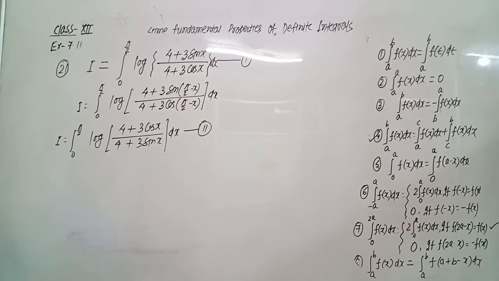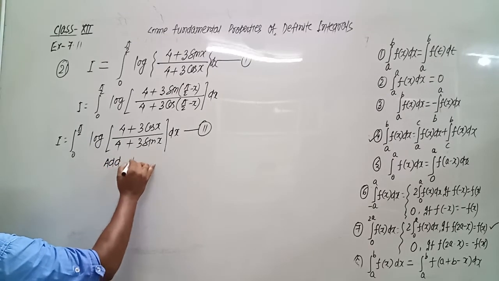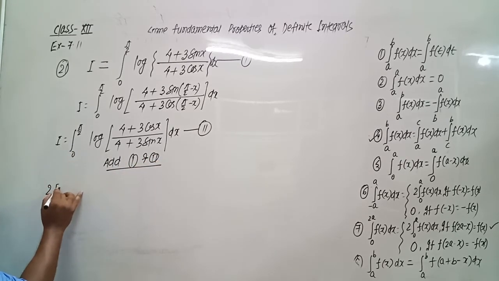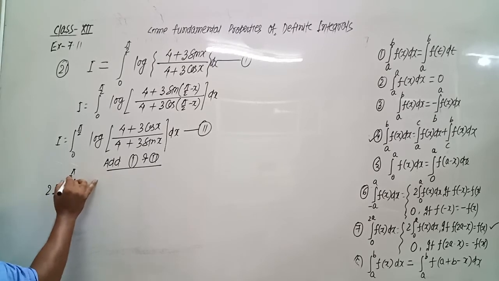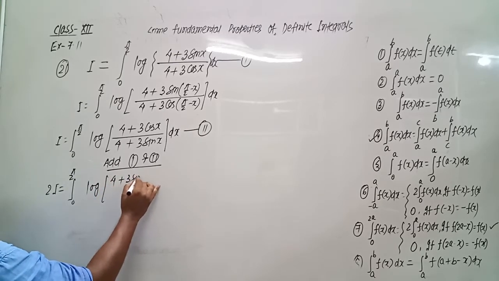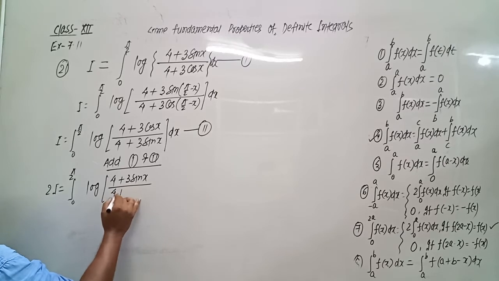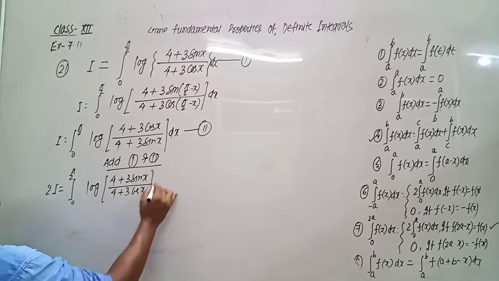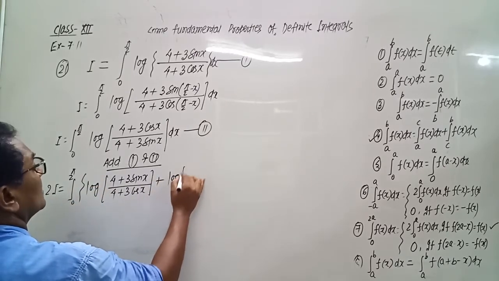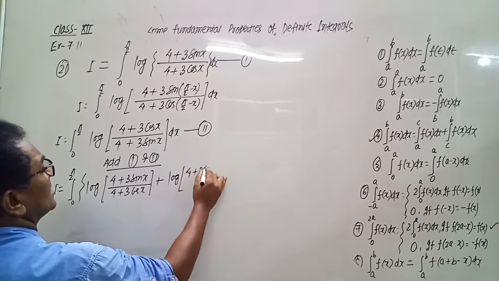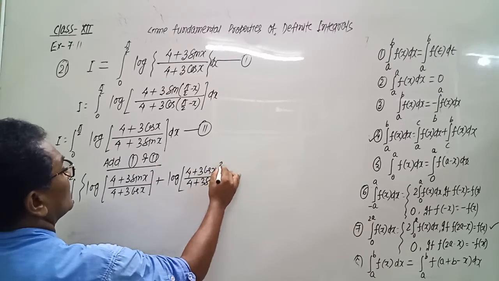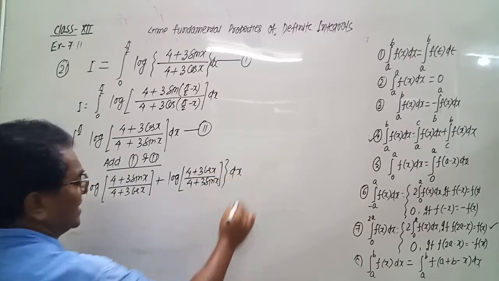Adding first and second, we get I plus I, 2I, equals the integral from 0 to pi by 2 of log of (4 plus 3 sin x) upon (4 plus 3 cos x) plus log of (4 plus 3 cos x) upon (4 plus 3 sin x), dx.